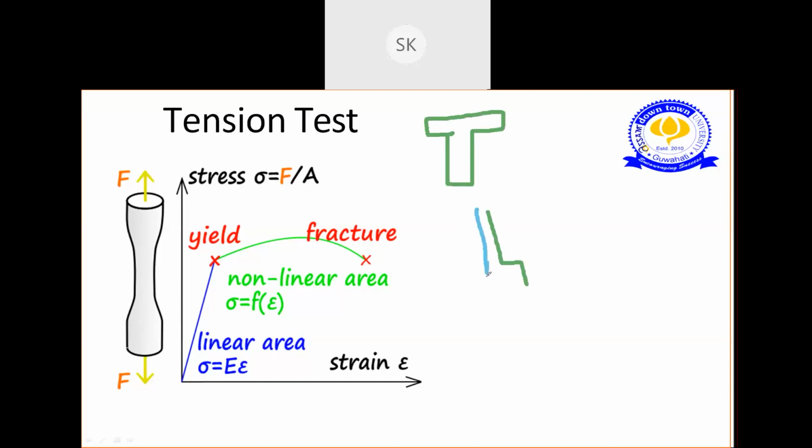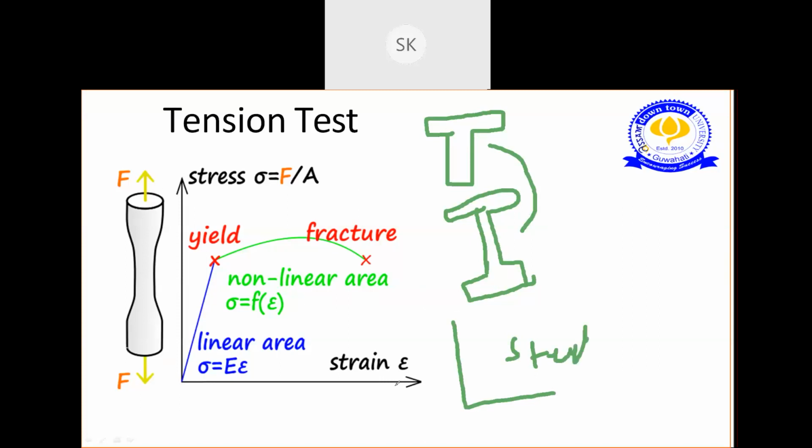If we take force and change in length, we cannot assume a single curve for these two. If we take stress and strain, we can generalize a single graph for just steel. That's why we are taking stress and strain instead of force and change in length. Hope this point is clear.